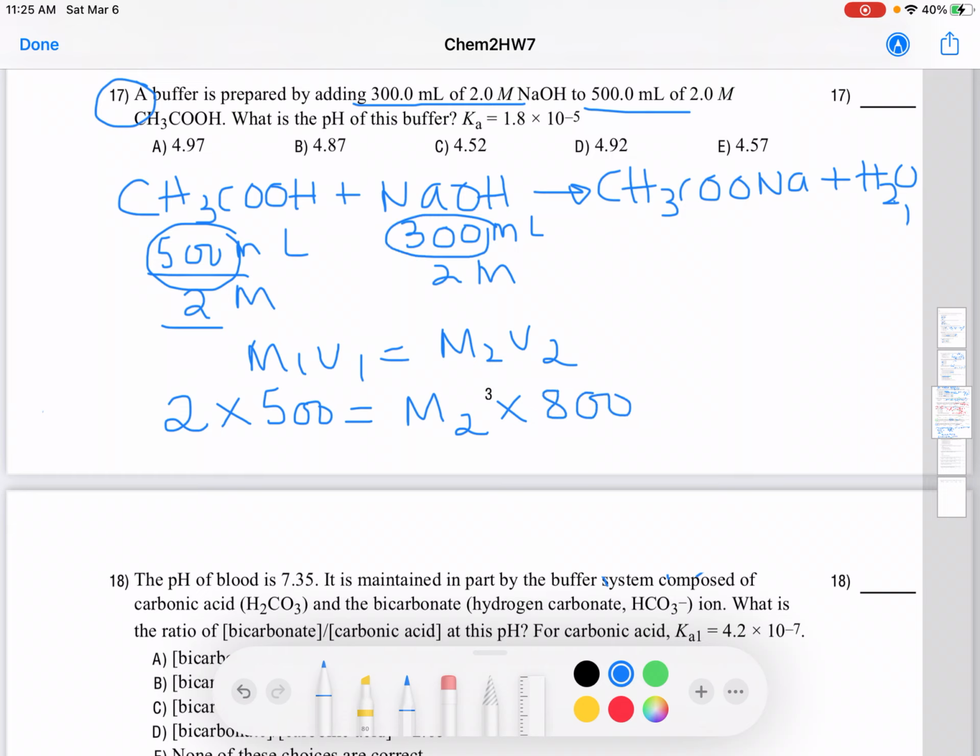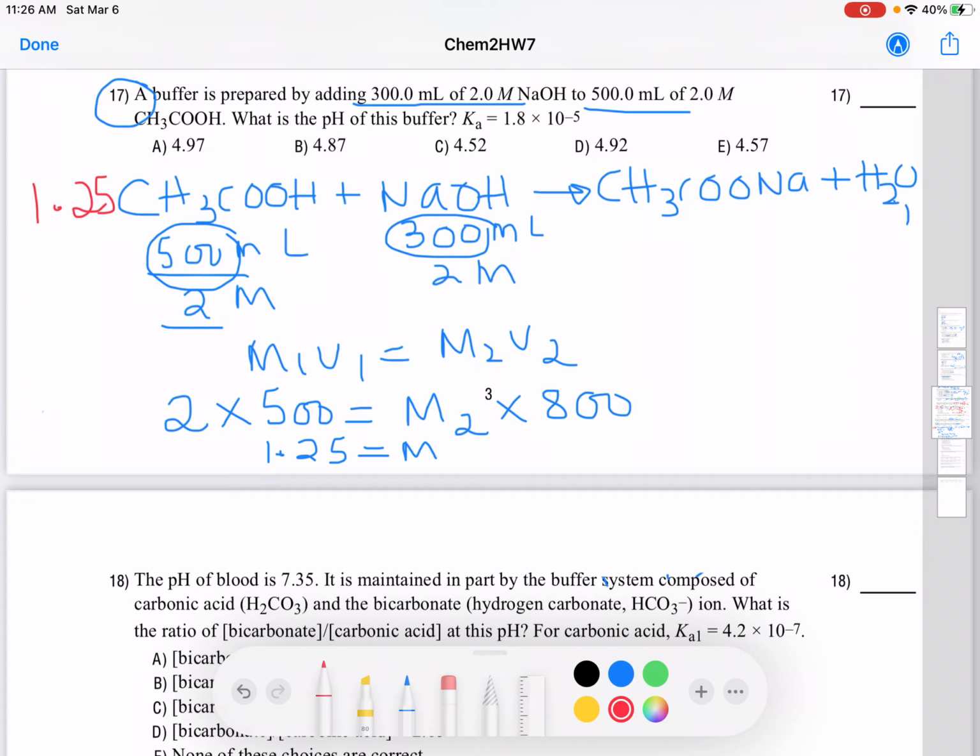So M2 is going to be 10 over 8, which is 1.25. That's going to be the concentration of acetic acid.